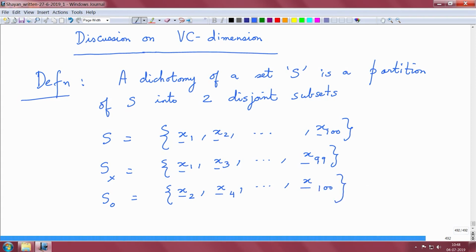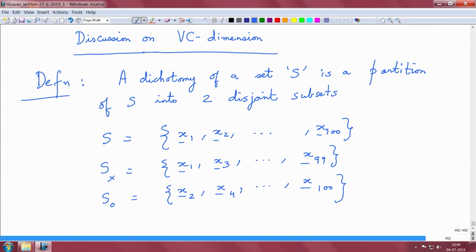Now, if I want to say that all points in the set S cross are labeled 1 and all the points in the set S circle are labeled 2, that becomes a labeling problem, right.